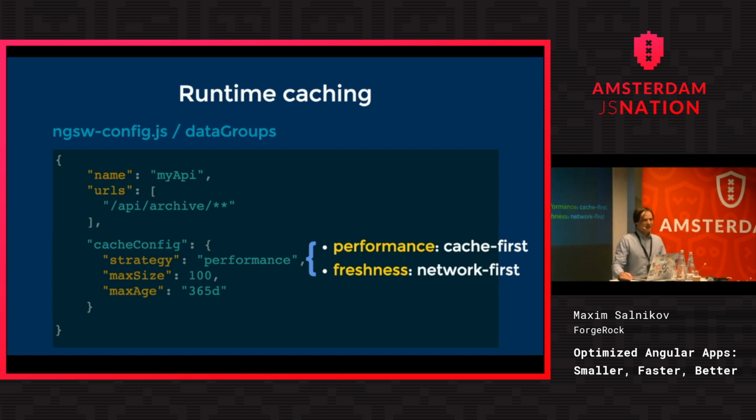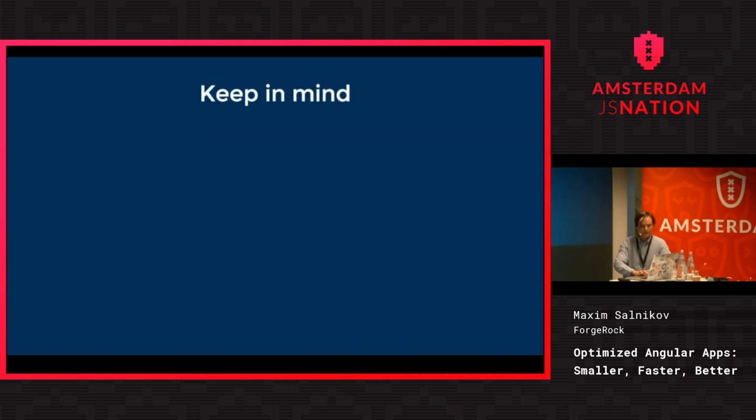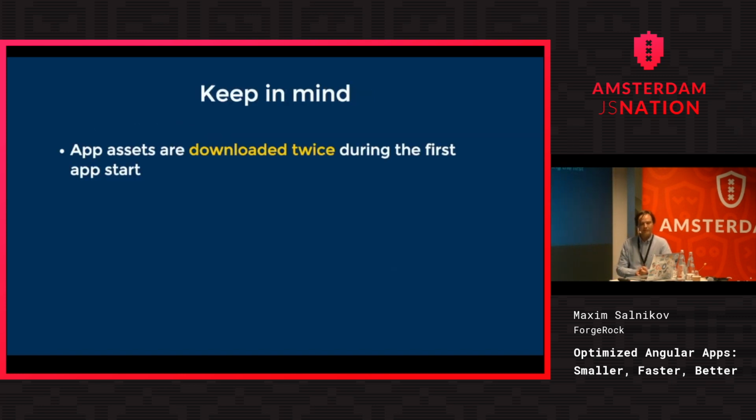So it sounds like really a great new world of progressive web apps, service worker, etc. But you have to keep some things in mind, really related to what we are talking about today, optimization, right?